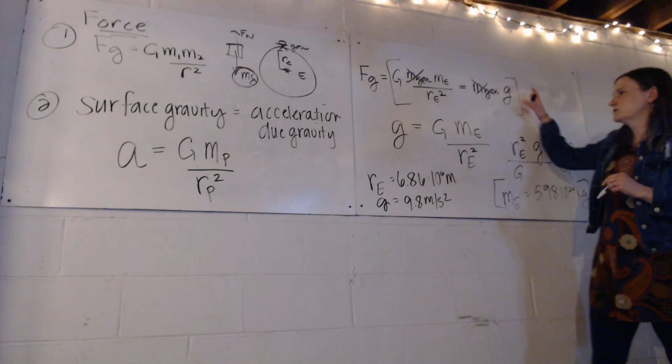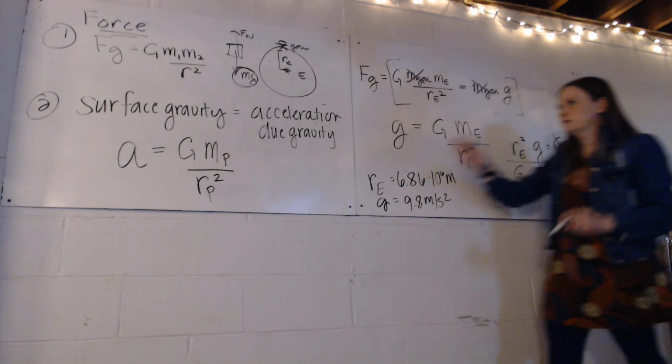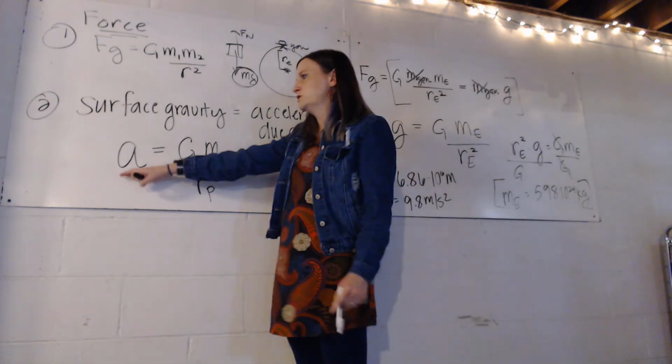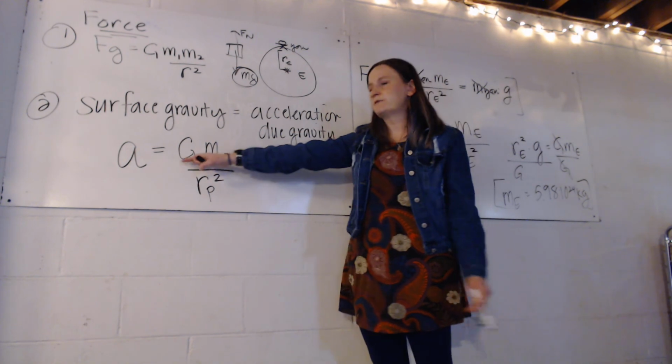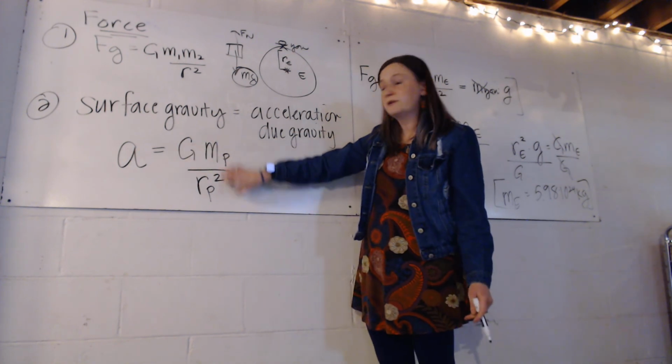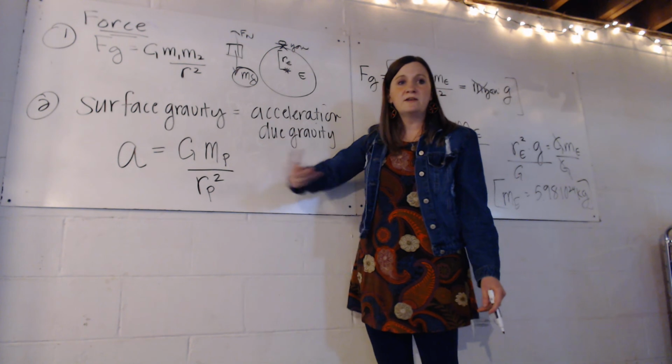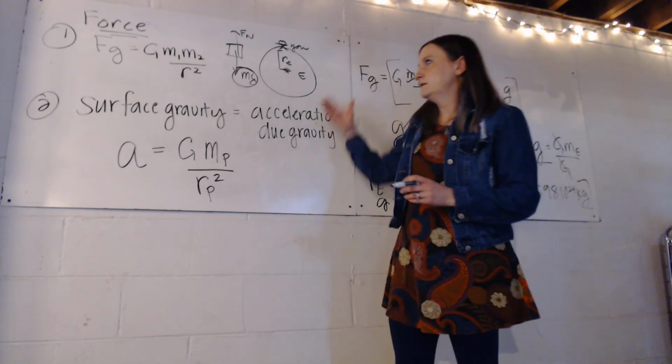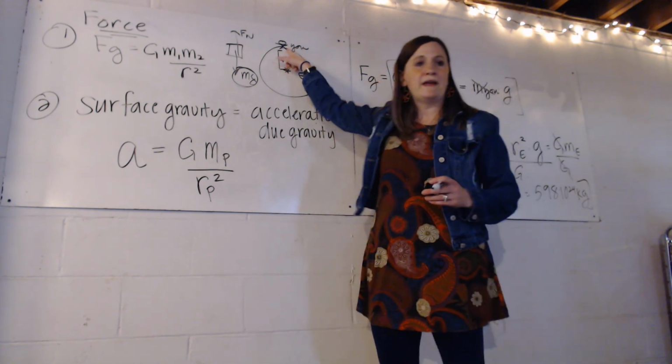The other interesting thing that comes out of this is, if we go over here to the generalized equation, the acceleration due to gravity depends on the size of the planet in question, but not the object that's accelerating. So when we were looking at you, your mass canceled out.